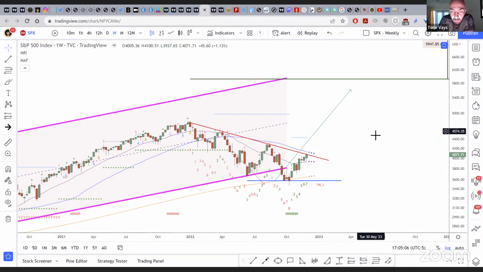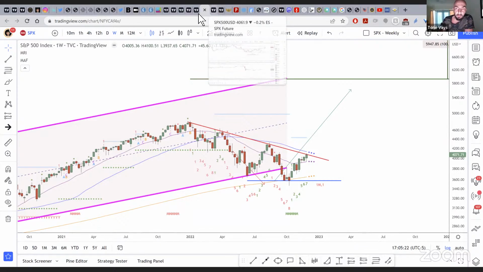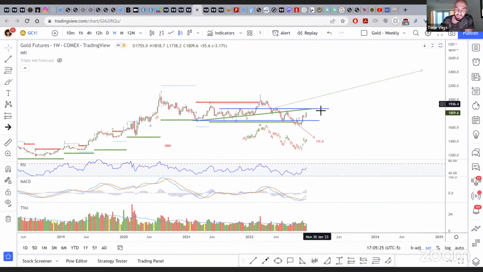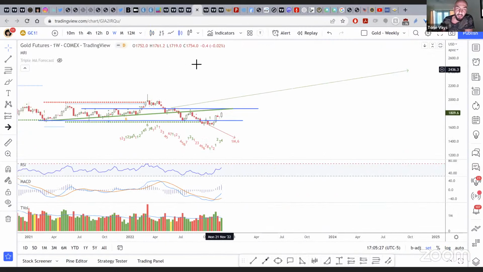So I just adjusted the trend line without violating any rules. But I can't adjust it any further. So if next week is a bullish week, man, the stock market could really, really rally. Gold is just not interesting to do right now.